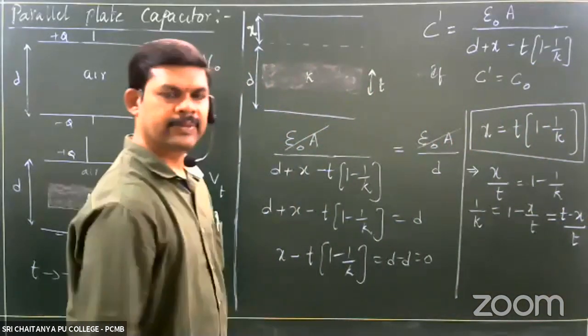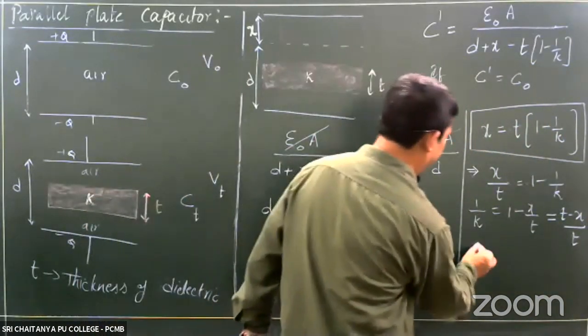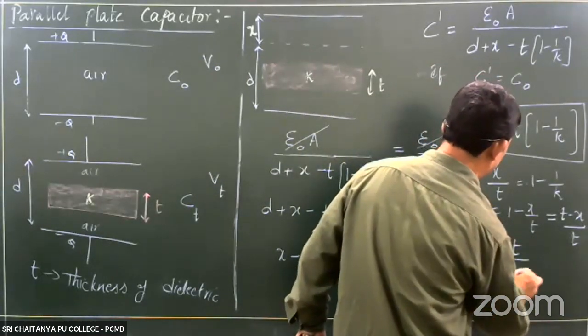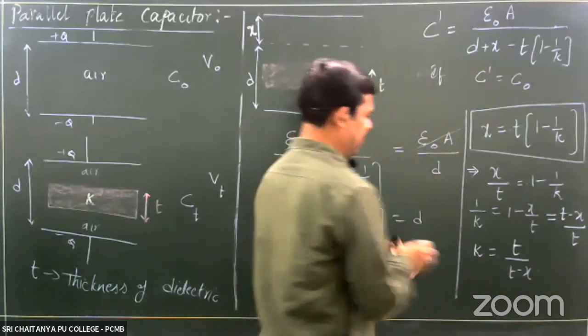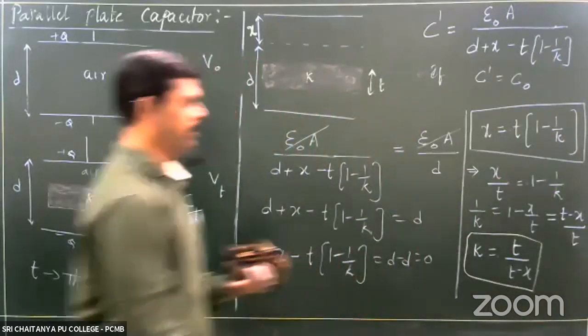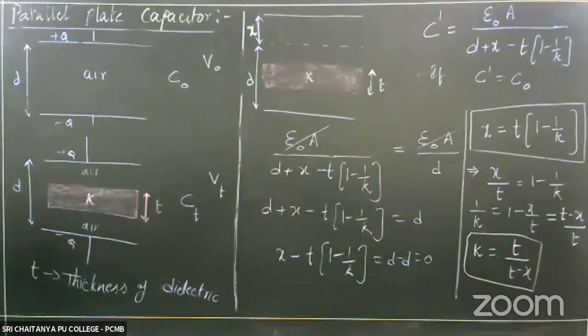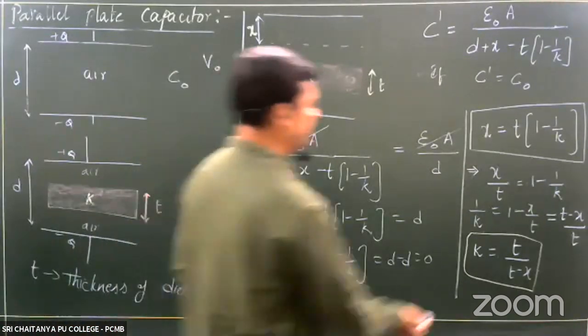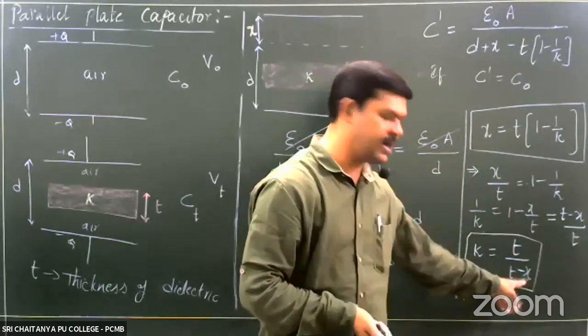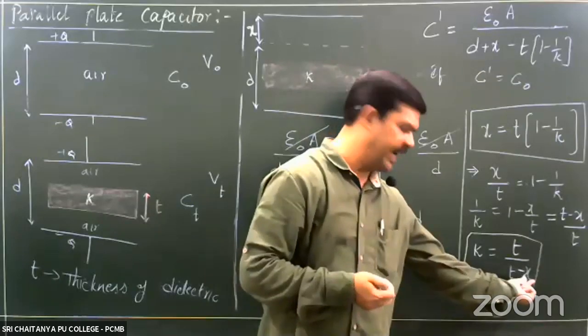Right? Then k is equal to t by t minus x. They ask this question. K is equal to t by t minus x. Okay. Come on, note down. Dielectric constant value in terms of thickness of the slab and the extra separation made, x.